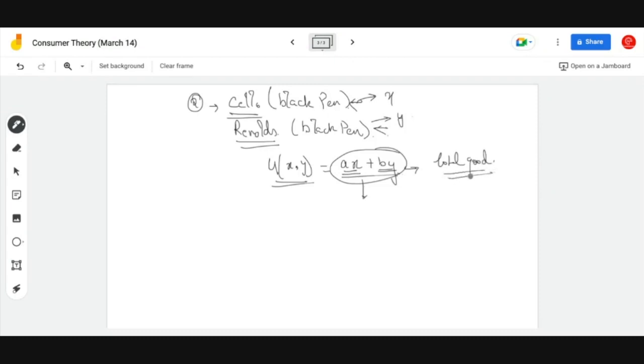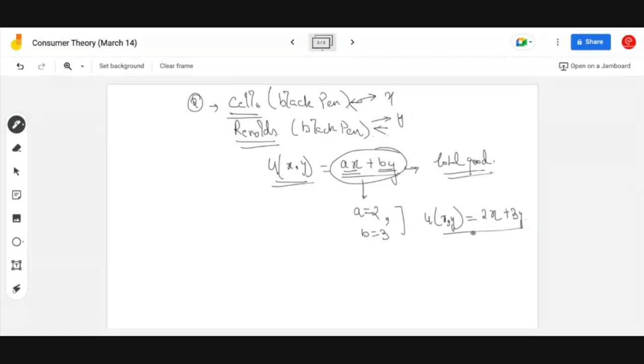Now let's say a is equal to 2 and b is equal to 3. So our utility function U(x, y) is 2x plus 3y. Clear?